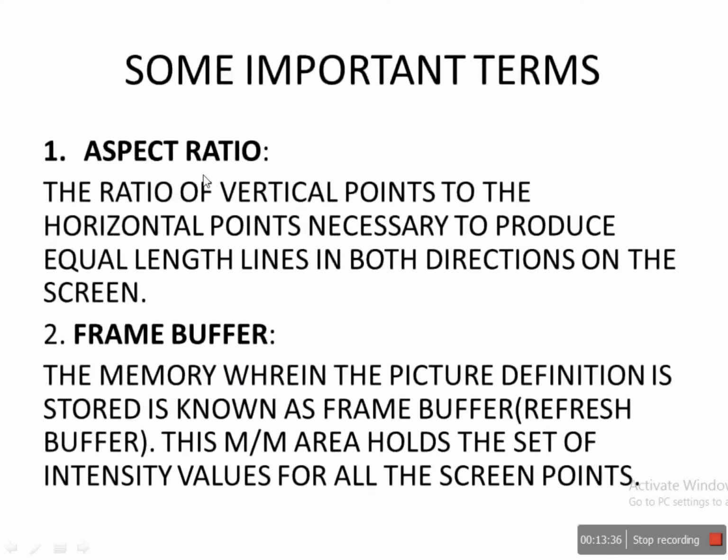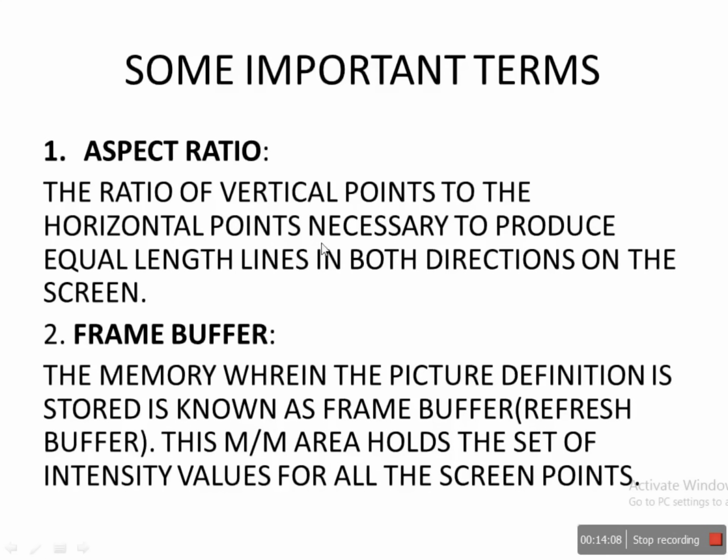First one is aspect ratio. This might be something that you might know already, because you might have used video players or your mobile screens. You might have seen some videos, or even YouTube. So what does it show? It shows some aspect ratio, the ratio of vertical points to the horizontal points necessary to produce equal length lines in both directions of the screen. Basically, how many points are there vertically as compared to how many points are there horizontally, and then we take a ratio of it.